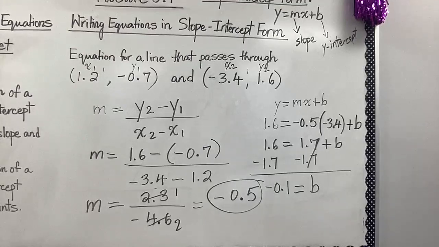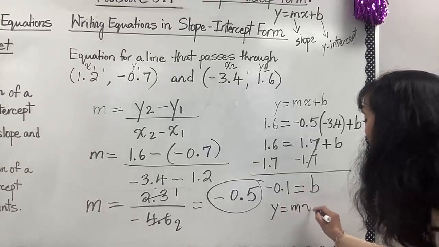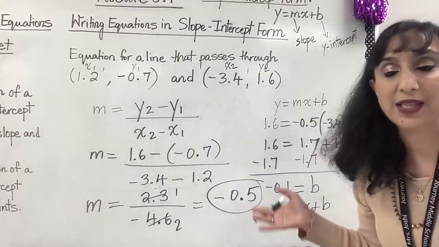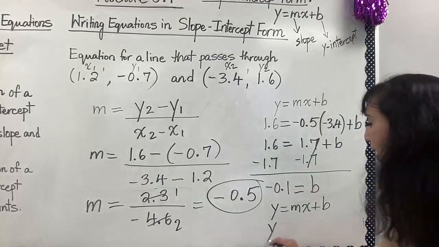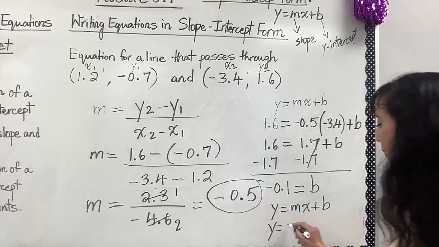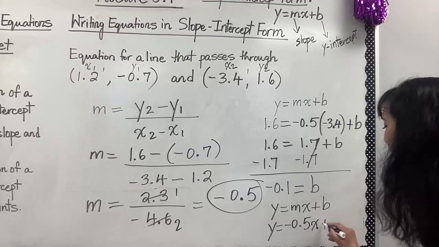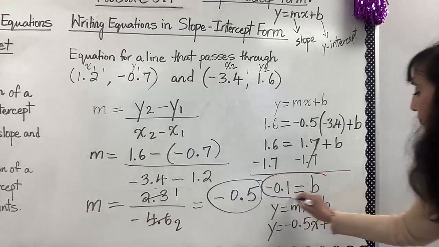And then the last thing I'm going to do over here is I am going to write it in the format y is equal to mx plus b. And I'm just going to go ahead and substitute the values. And I know that y is equal to my slope, negative 5/10 x plus, what did we say b was here?